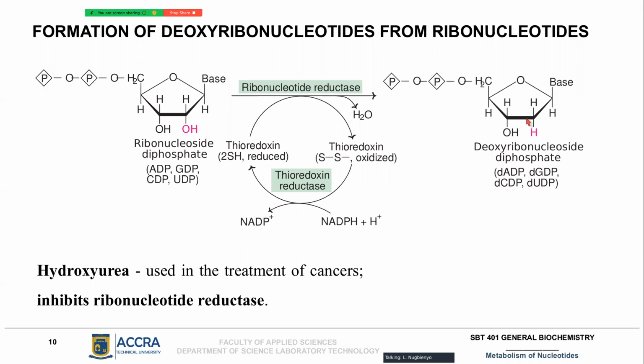And if it inhibits deoxyribonucleotides, it means it is inhibiting the synthesis of DNA. And once the DNA of these cancer cells is inhibited, then of course their growth, their proliferation, their reproduction is going to be inhibited, so that there is inhibition of the formation of tumors. So that is another example of the application of this knowledge.